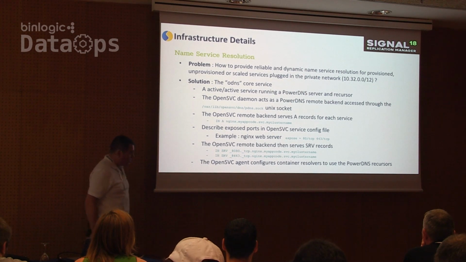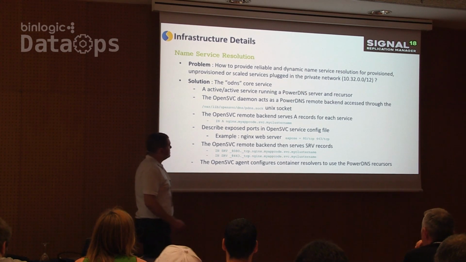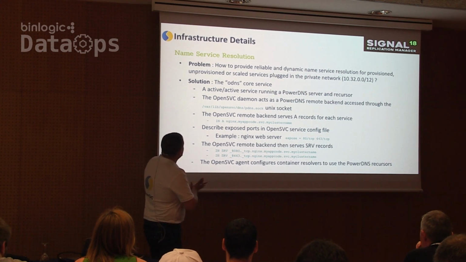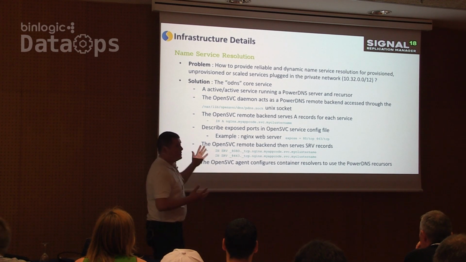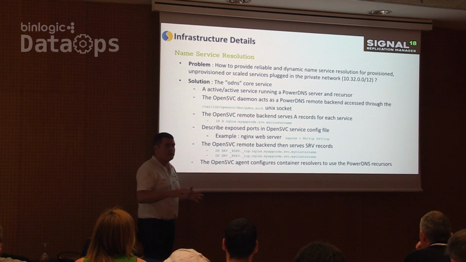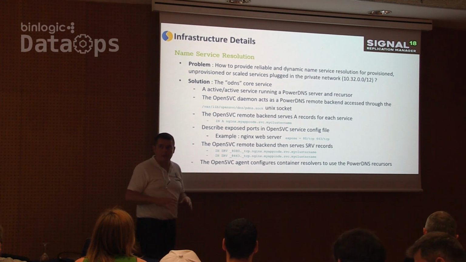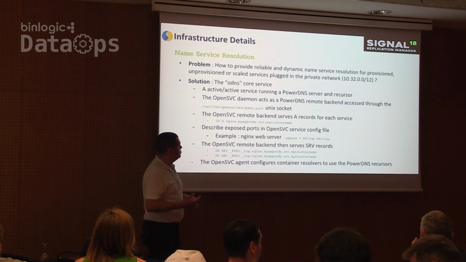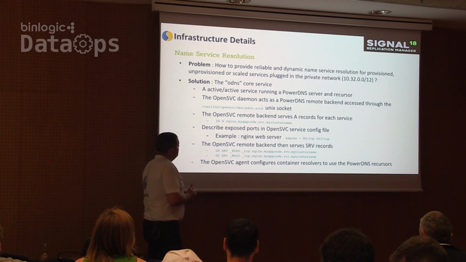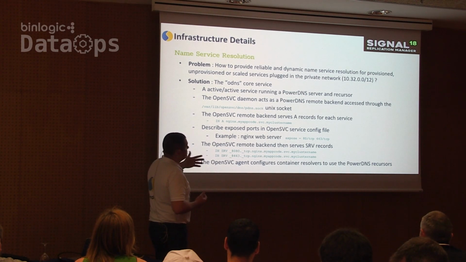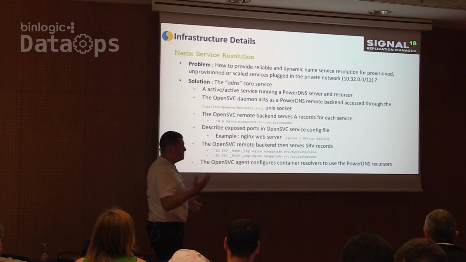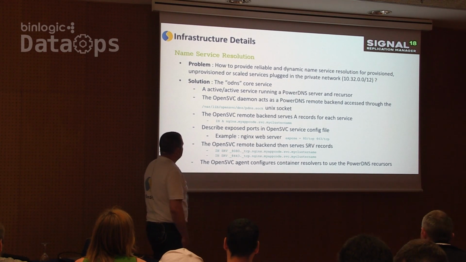So about the name service, how it works. As you saw, we deployed a VXLAN extended over 2 physical nodes in a private subnet. So we need to be able to contact all the containers that can be spawned and destroyed and so on.